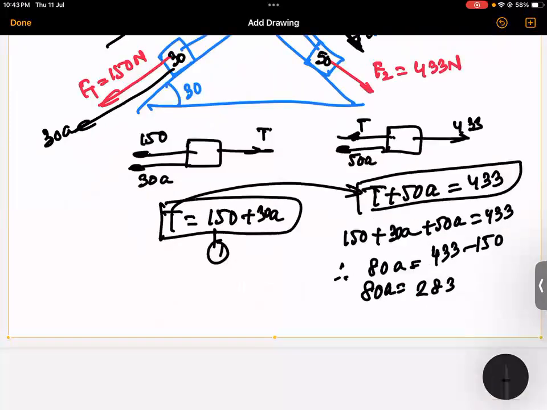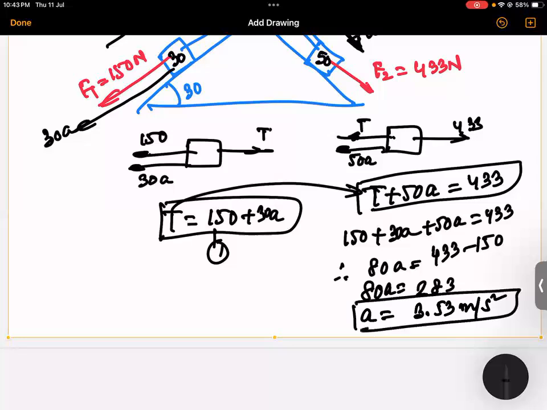So this divided by 80 will be equal to 3.53. So a is coming to 3.53 meter per second square. So this is your acceleration, right?